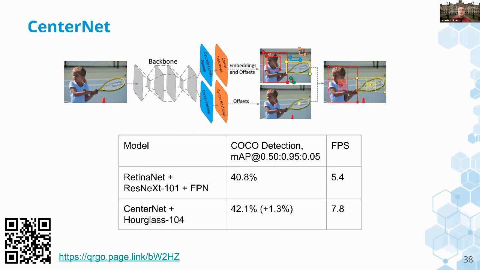And we cannot use these anchor-free approaches for our commercial applications because they require deep features that can be obtained only from highly computational deep neural networks like Hourglass 104. So generally, you can try to play with these anchor-free approaches, but it is definitely not the best way to create commercial applications.